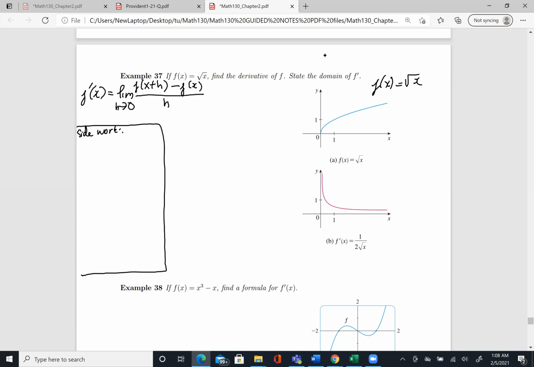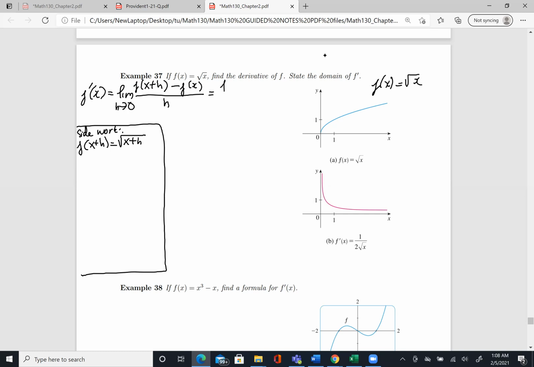You have f of x plus h, what is it? Square root of x now changes to be x plus h. So now you can just plug into this function and see what happens.